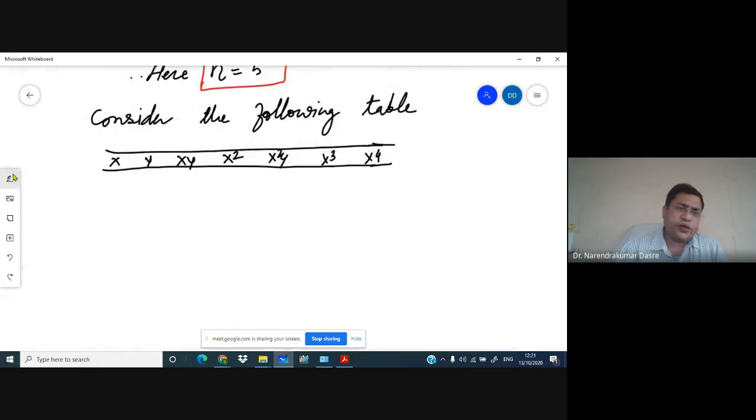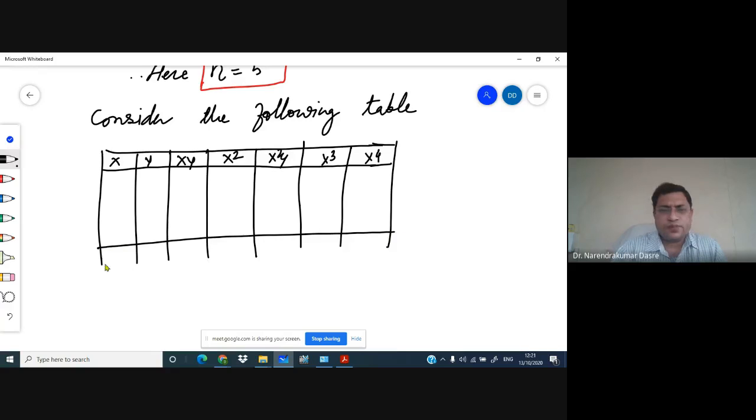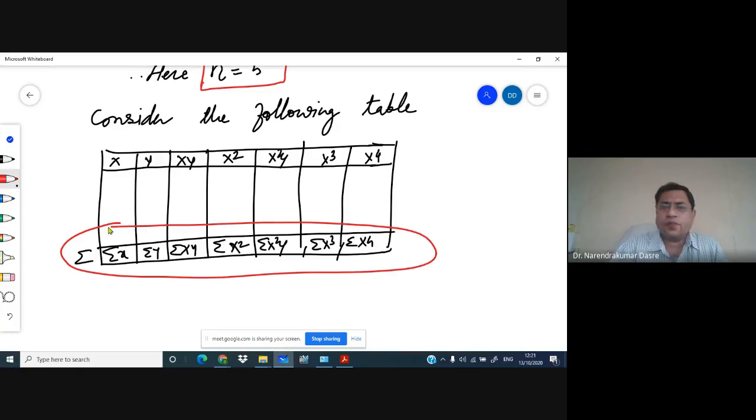We are interested in the summations: summation x, summation y, summation xy, summation x square, summation x square y, summation x cube, and summation x raised to 4.